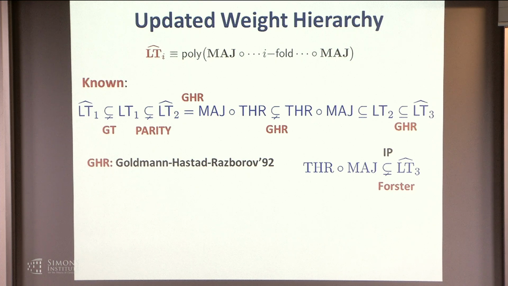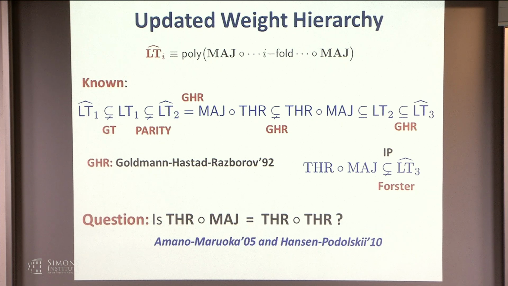Okay. So now we are left with this sort of question. Well, we can't prove a lower bound for LT2. Yeah, this is a frontier. We don't understand how to prove a lower bound, but maybe threshold of majority is the same as LT2, and then we have a lower bound.